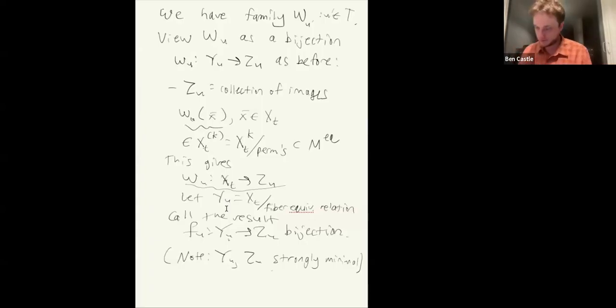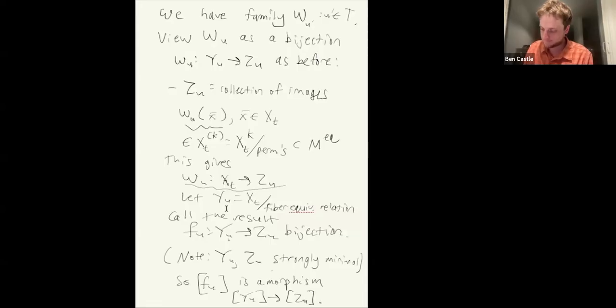And so we've reduced to two strongly minimal things, and so we can view FU, at least the class of it, as a morphism from the class of YU to the class of ZU in our germ groupoid.